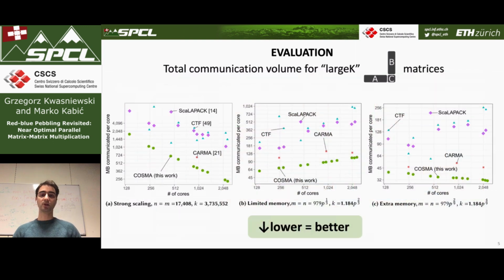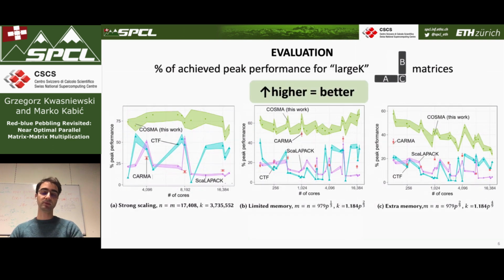Here we can see the total communication volume for each of the three scaling experiments for different number of cores. So in this case, lower is better because we want to minimize the communication volume. COSMA is shown in green, and we can really see that COSMA achieves the lowest communication volume in all the experiments. And we also measured the percentage of the peak performance.